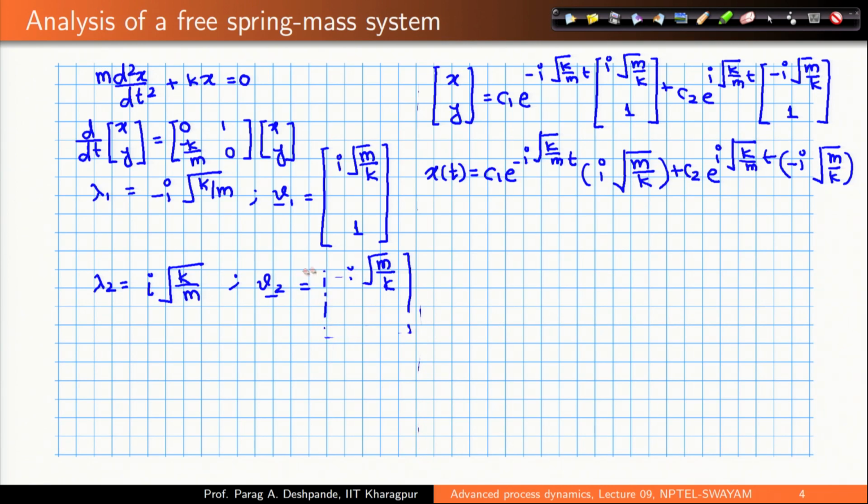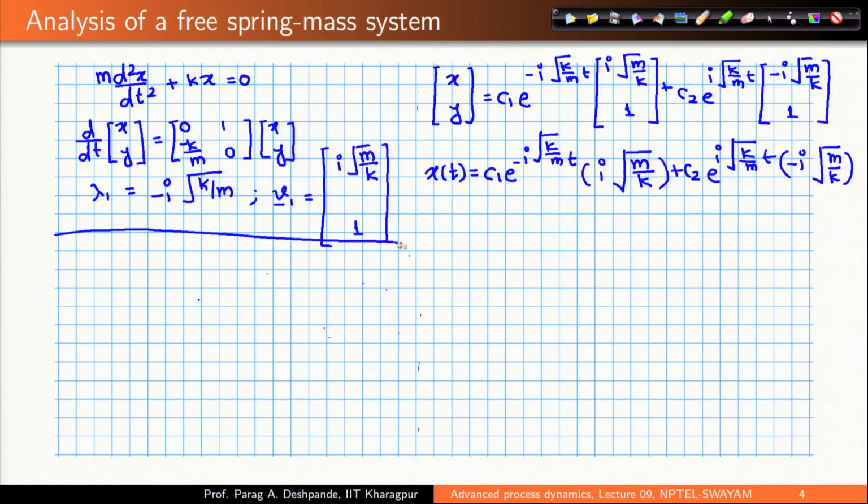So, what I will do is convert the i's to cosines and sines. I can write x of t is equal to C 1.